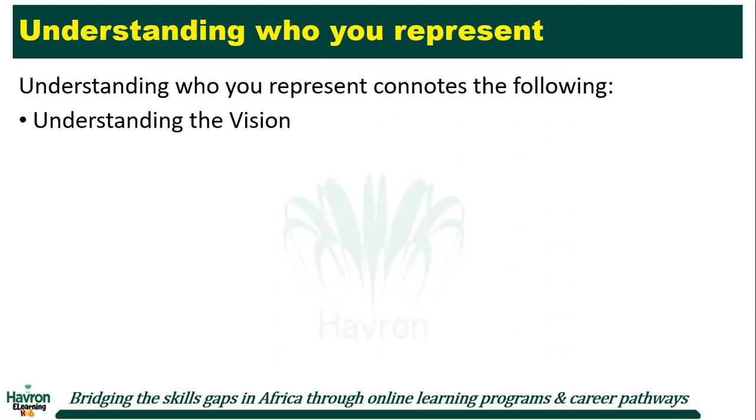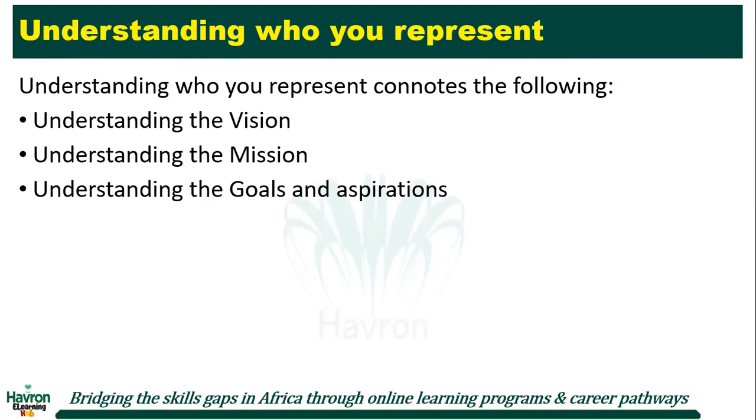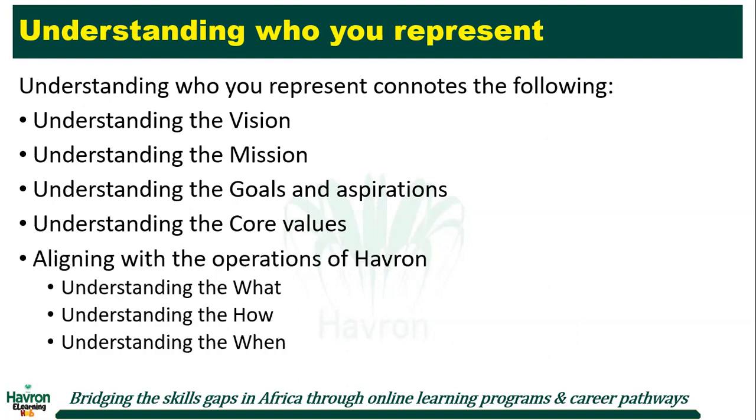One, you need to understand the vision of the organization. You need to understand the mission of the organization. There are goals and aspirations that the organization is pursuing. You also need to have a firm understanding of this. You also need to understand the core values. And then you know how to align with the operations of the organization.